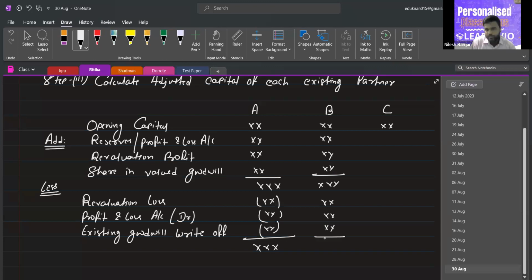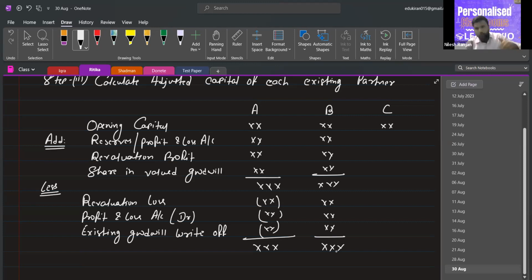Now you can calculate adjusted capital like this, or you can prepare a capital account. If you prepare a capital account, the balance you will get is your adjusted capital, but that balance is not written in the capital account because it is not our actual balance.